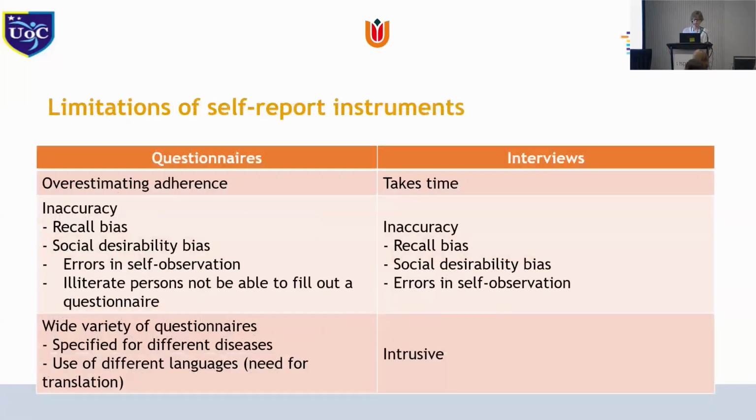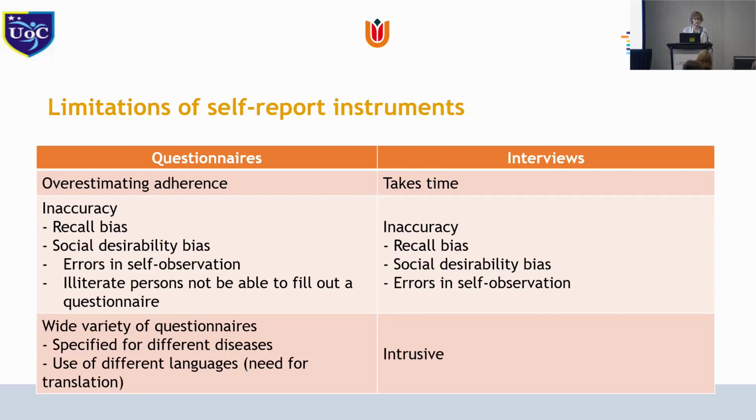There are also some disadvantages. Self-report instruments have their limitations, and they are subject to a variety of biases, such as recall bias. The respondents may be inclined to give socially desirable answers, and also errors may occur. And also think about the response rate. In a database, you have all the patients, but generally the response on a questionnaire is between 50 and 70, 75%.